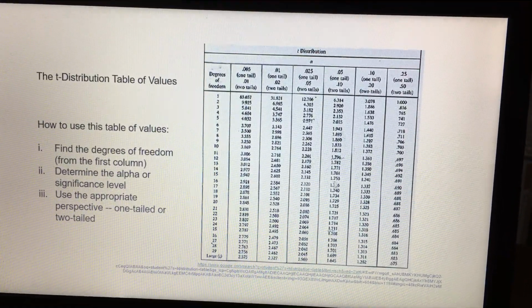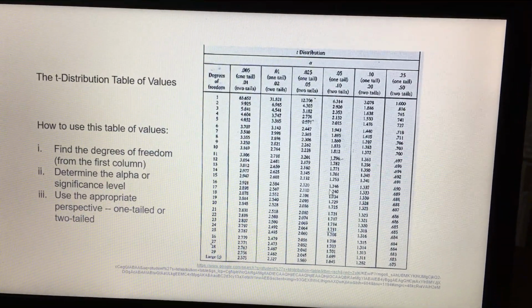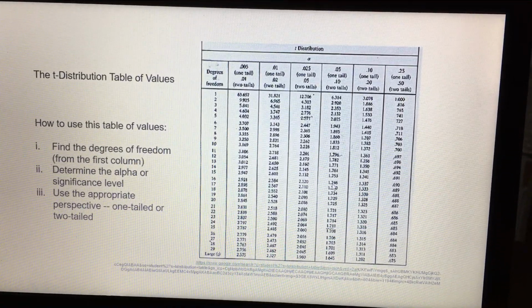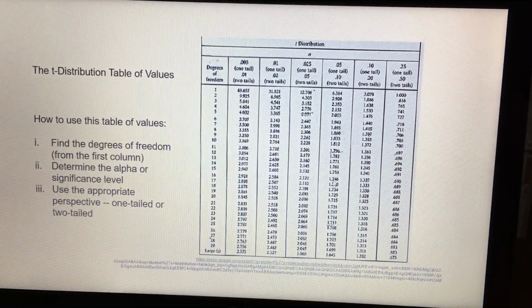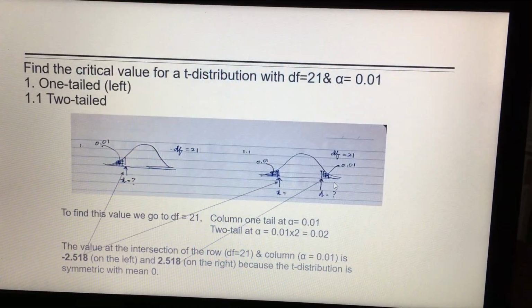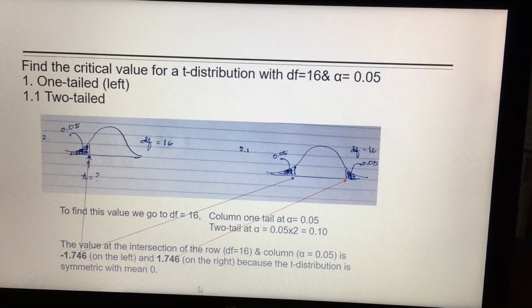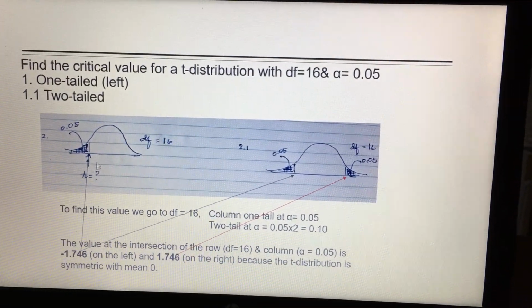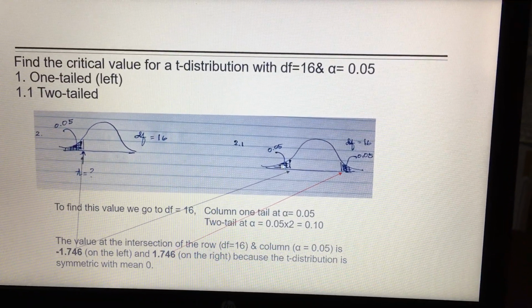So 16 at 0.05 will give us a positive 1.746, and to the left of the mean, we make that negative 1.746, and that is what we have. Positive on the right and negative on the left.